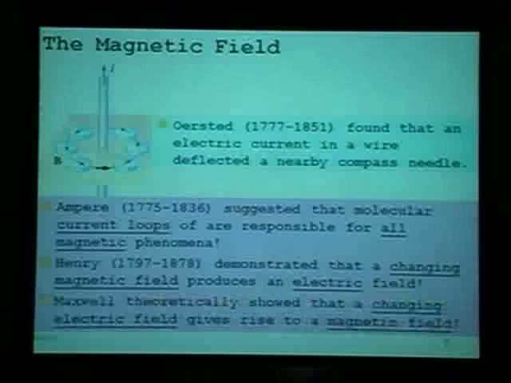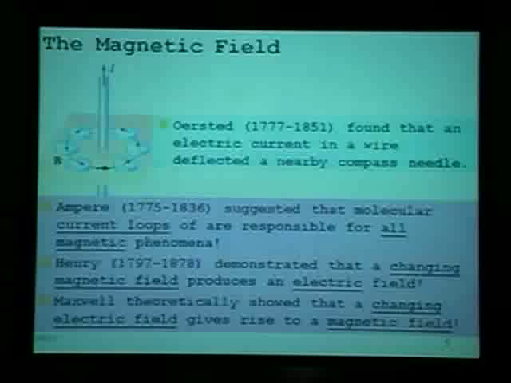James Clerk Maxwell theoretically showed that a changing electric field gives rise to a magnetic field. It was one of the most brilliant theoretical observations of all time. He came up with a theory showing that if you change the electric field, you get a magnetic field, and vice versa.